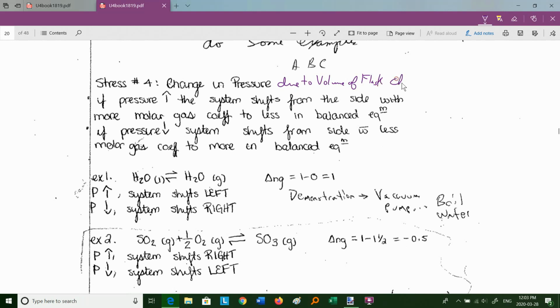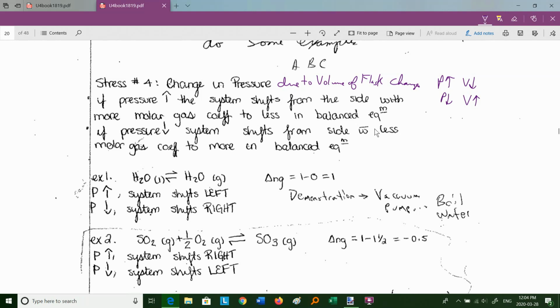And as you remember from Boyle's law in grade 11 chem, pressure goes up, volume goes down. Pressure goes down, volume goes up, at constant temperature and number of moles. So that's what we'll look at here. There's two possibilities.